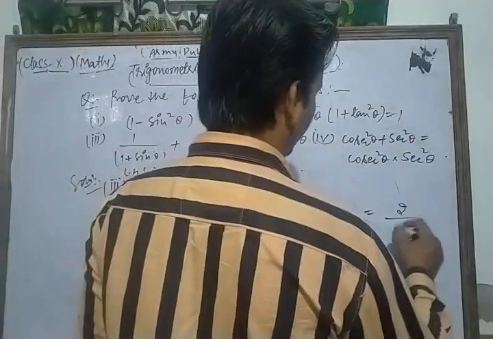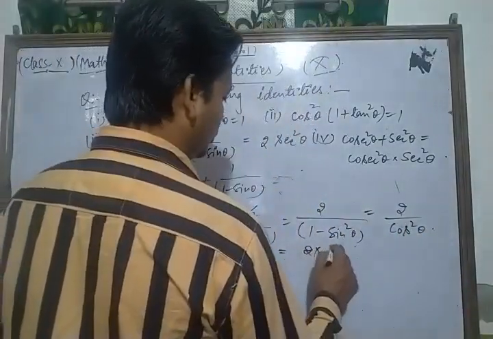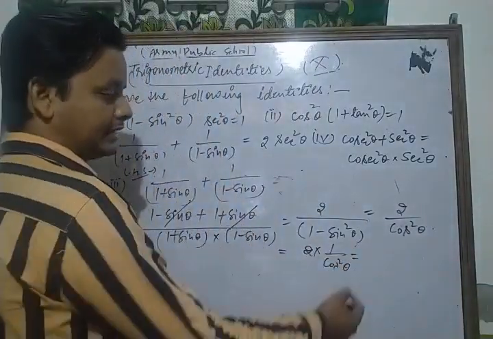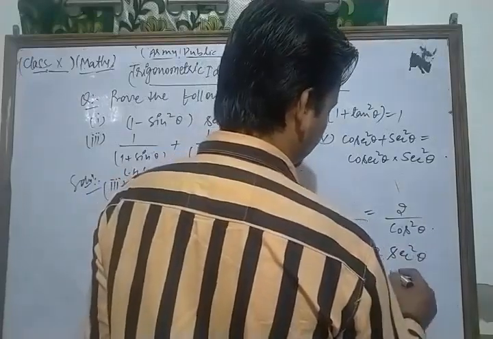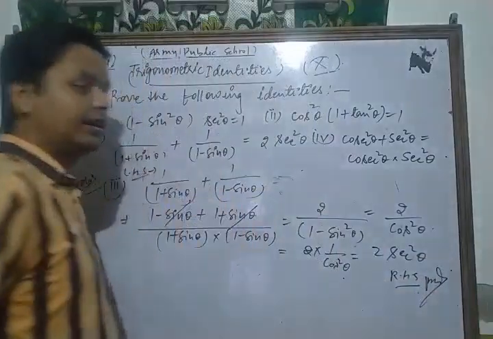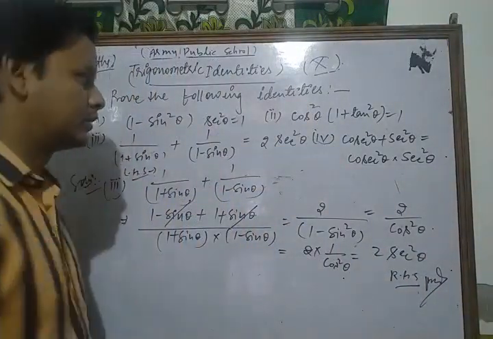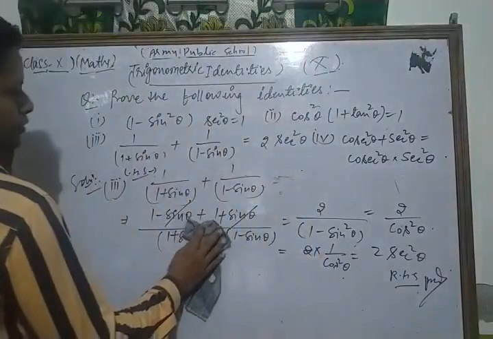So we write 2 upon cos square theta, so 2 into 1 upon cos square theta. And 1 upon cos square theta is sec square theta. So 2 into sec square theta. This is your RHS. Hence proved. Please do more and more practice of this type of questions. Similarly, we take and solve the last part of this question.